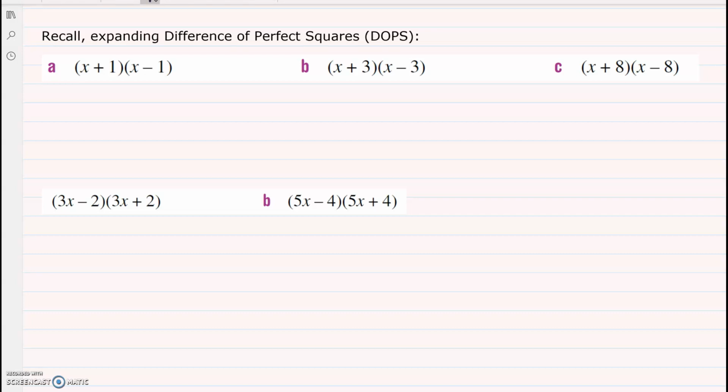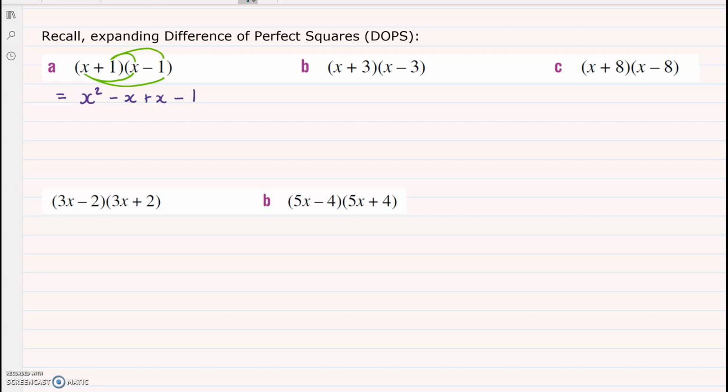So with this first one here, we've got x plus 1 times x minus 1. You could put in your little arrows. We're going to do first, outside, inside, last. So that's going to give me x times x is x squared, x times negative 1 is minus x, plus 1 times x is plus x, and plus 1 times negative 1 is minus 1.